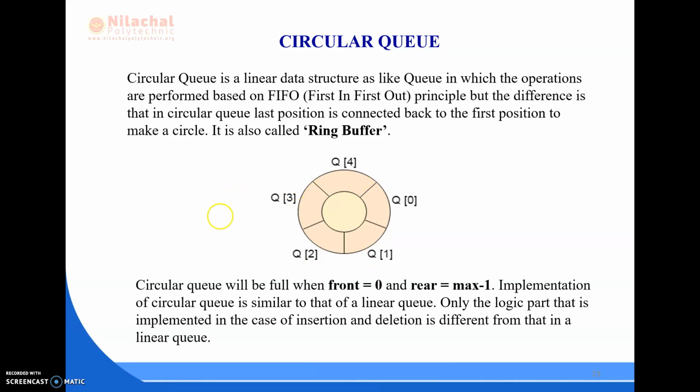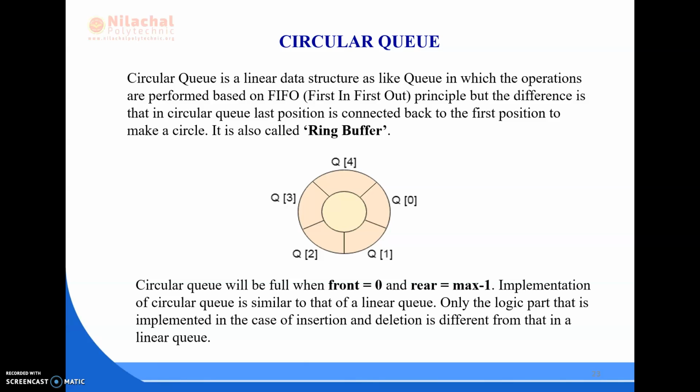Here we can see the queue's 0 position, 1 position, 2 position, 3 position and 4th position, where the 4th position is again connected to the first position. The circular queue will be full when the front is equal to 0 and rear is equal to max minus 1. Implementation of a circular queue is similar to that of a linear queue.